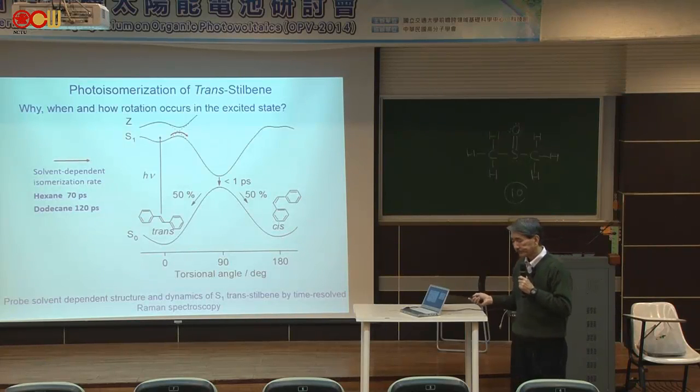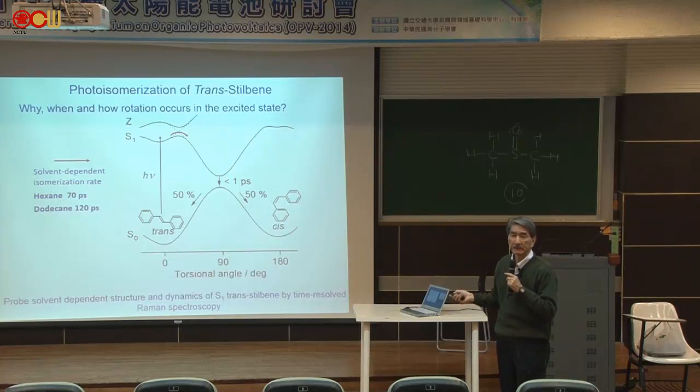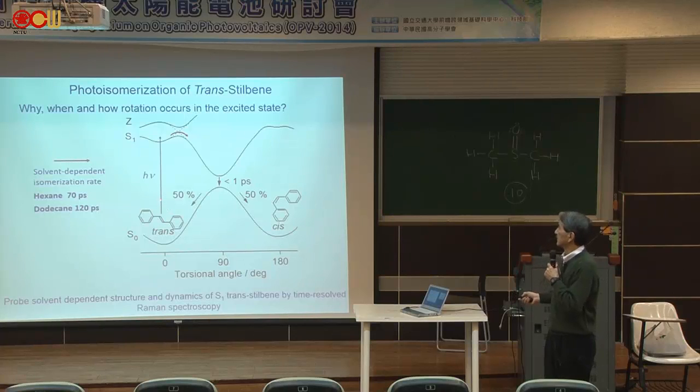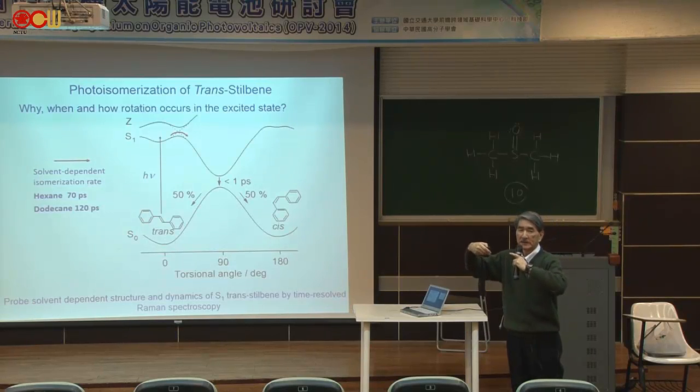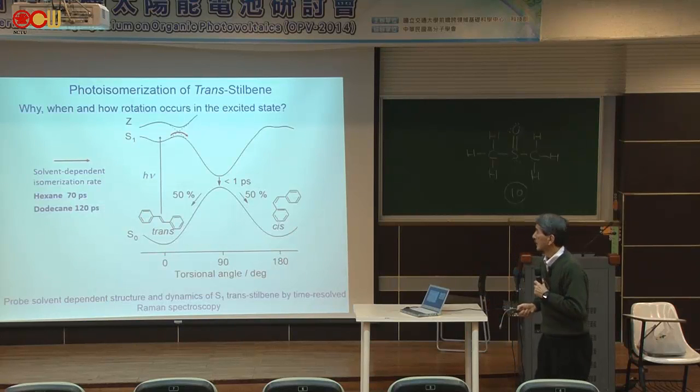From quantum yield measurements of the photochemical reaction, they know that if you excite 10 trans molecules, 5 come back to trans and 5 go to cis. From that fact, they deduced that the mechanism is like this. But somehow rotation should occur from the planar structure to the perpendicular structure around the double bond. Why does it happen?